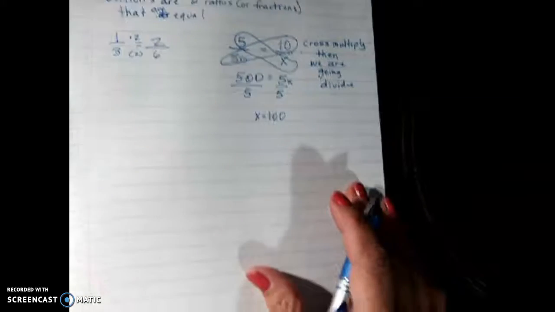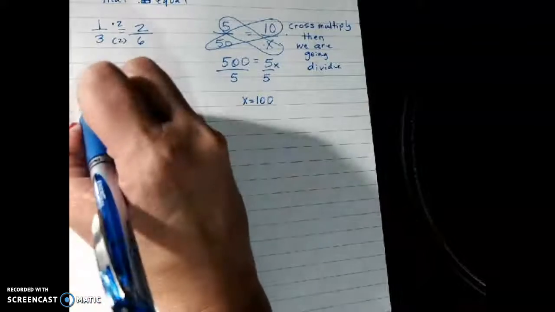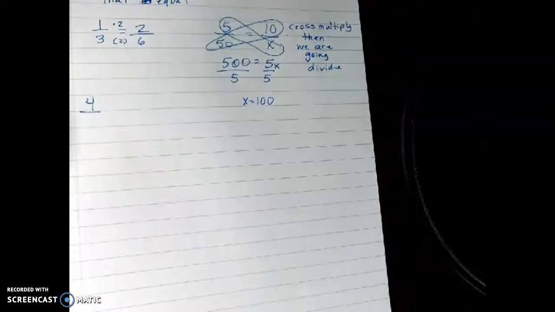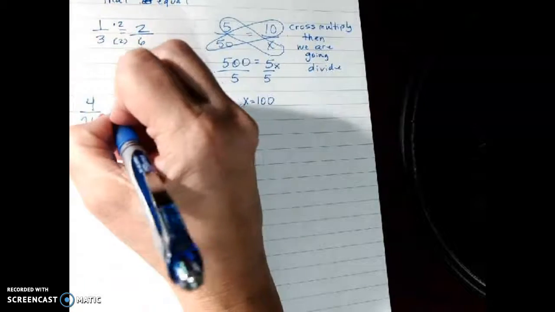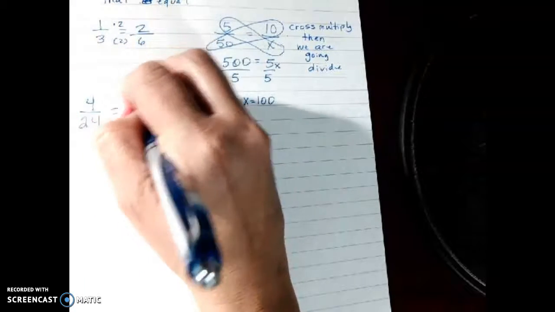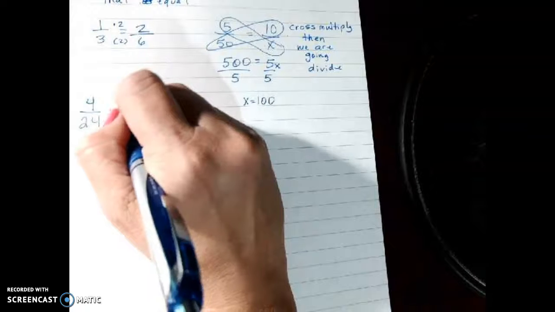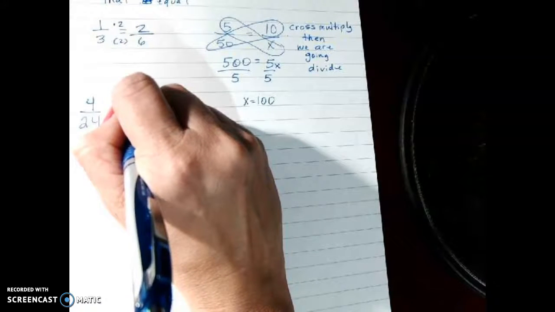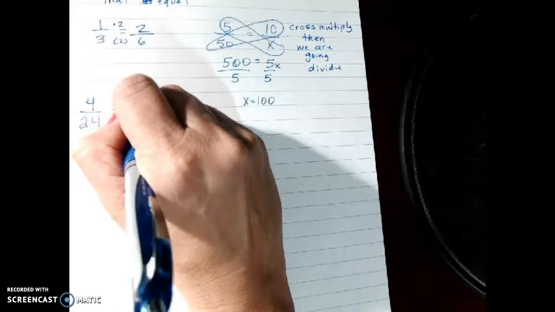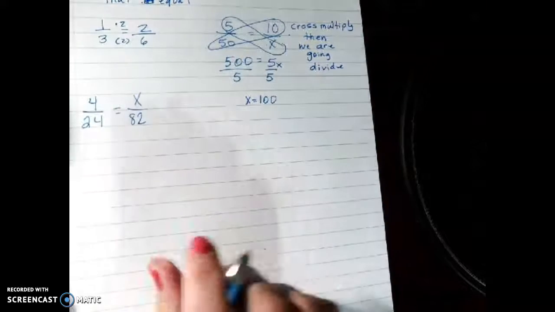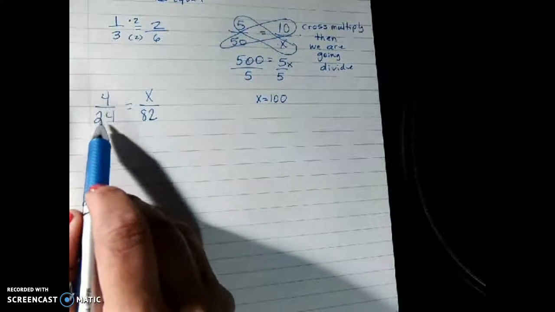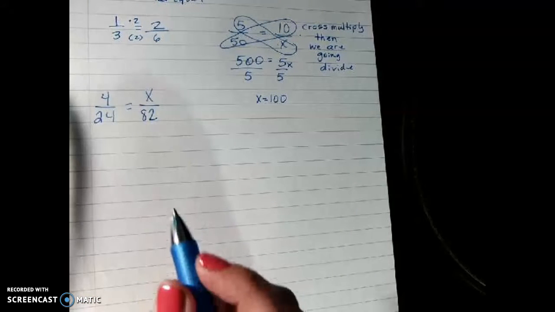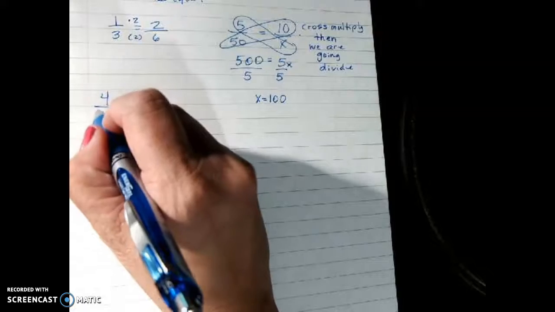Let's do another one. 4/24 equals x/82. So I'm going to cross multiply.